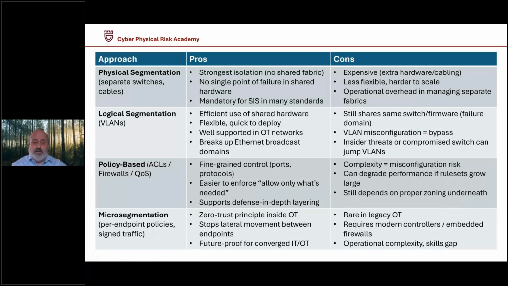So these are again these four methodologies to segment, and these are some of the pros and the cons and why we do it. And from all of these, I would say the micro-segmentation is the strongest, together probably with the physical segmentation.